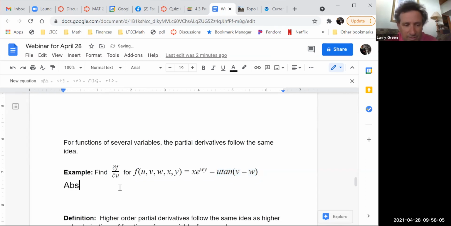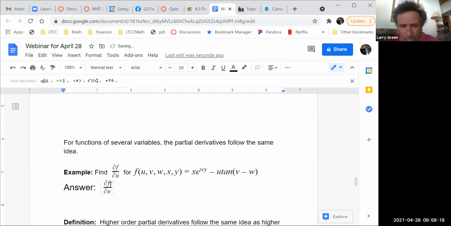So the answer is del f del u is equal to negative tangent of v minus w. Anyone lost on that?